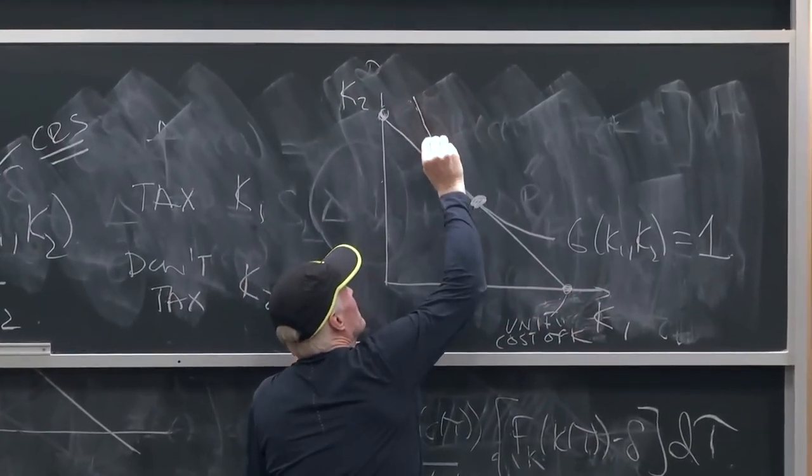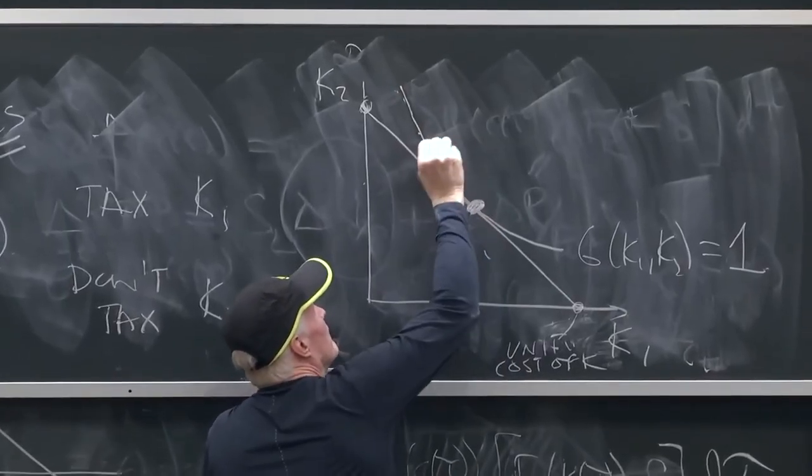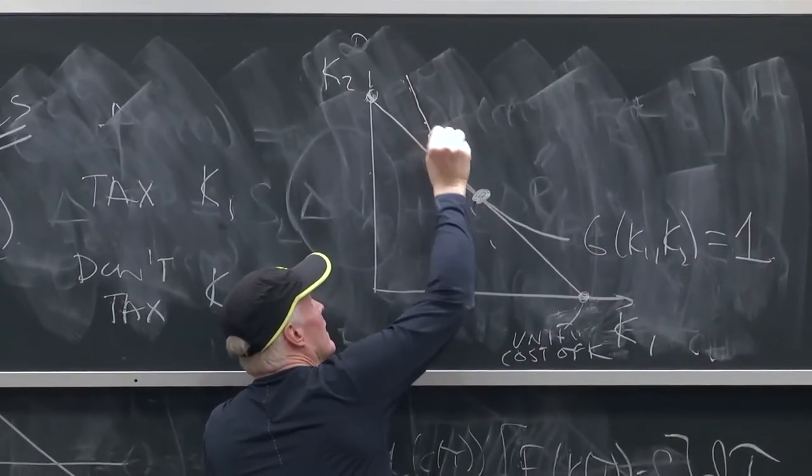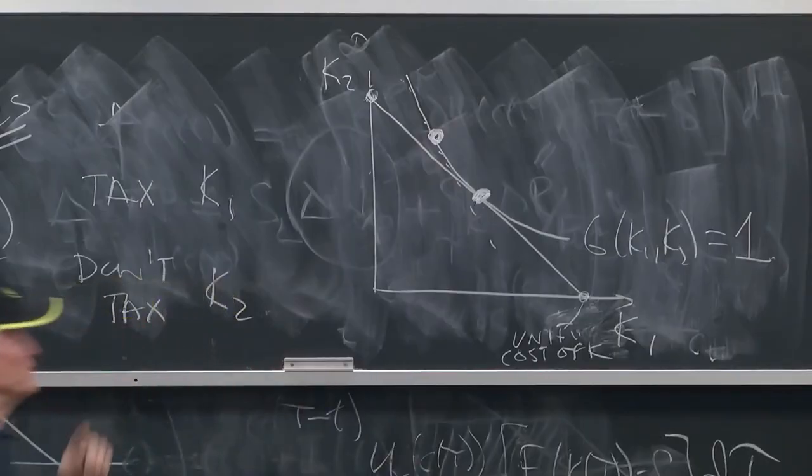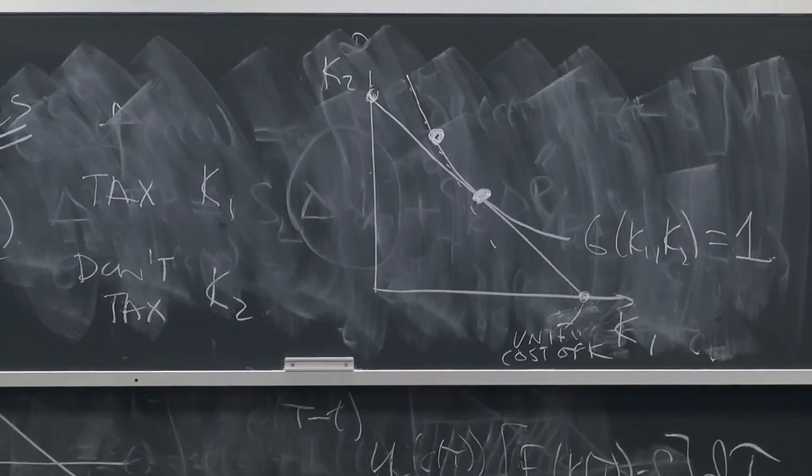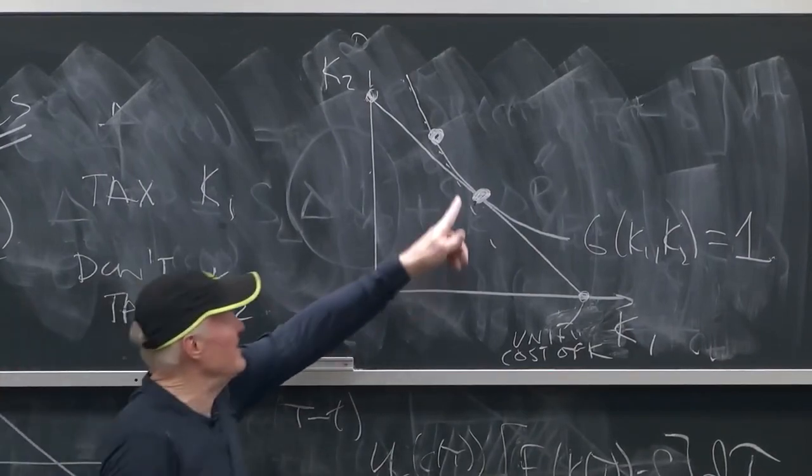I'm going to shift my production this way, right? That's going to be how much I shift my production toward using K2, because K2 is not taxed, unlike K1. So for any amount of the capital aggregate, I'm going to produce it using a different mix.